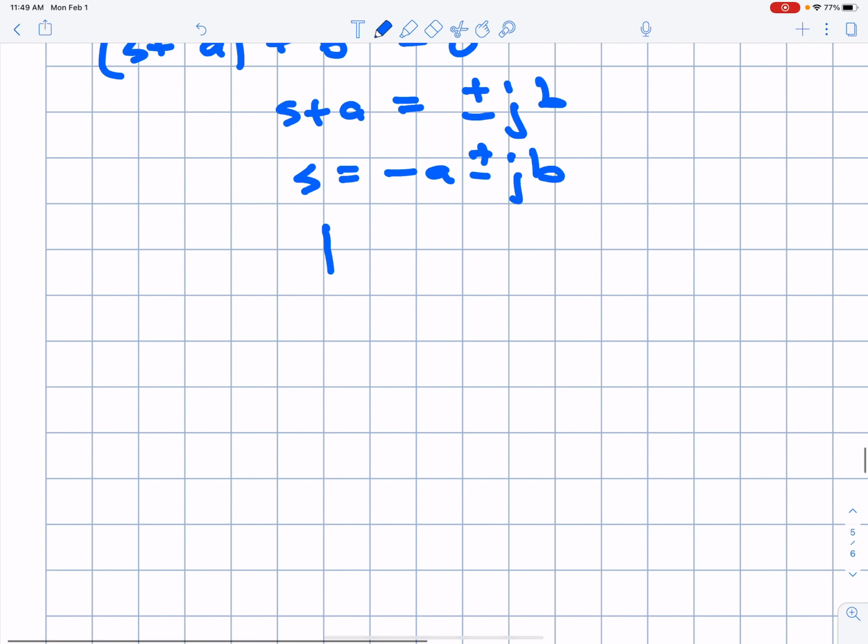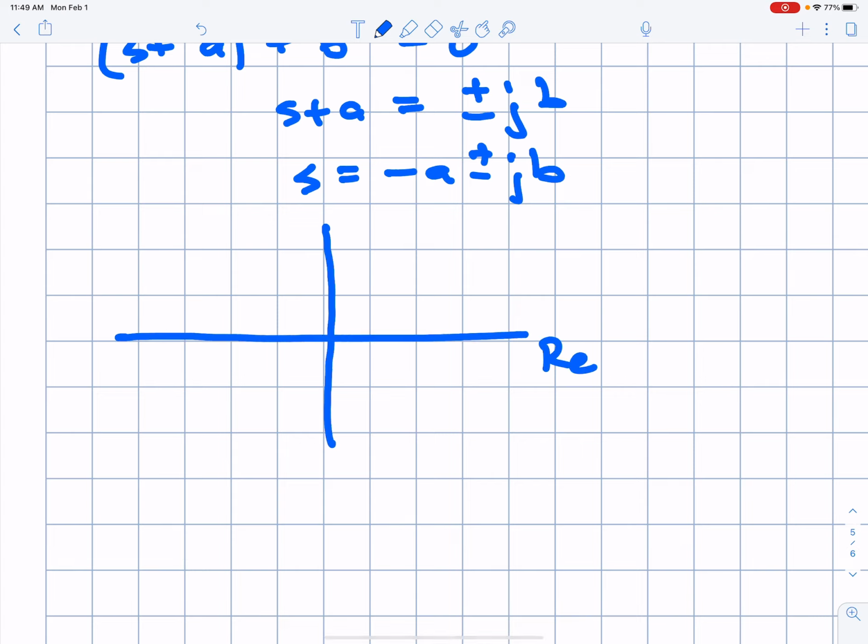When I graph that in the s domain, here's the real part, here's the imaginary part. I would go over to the left by minus a and up by plus and minus jb. This distance over is a, and this distance up to the top is b, so minus a plus jb, minus a minus jb.